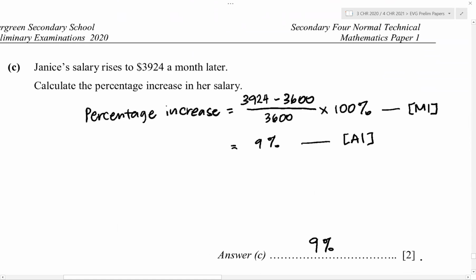Percentage increase. Percentage increase: find the increase, divide by original, times 100%. 9%.